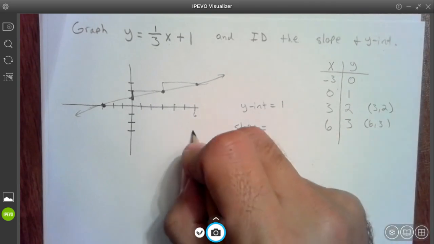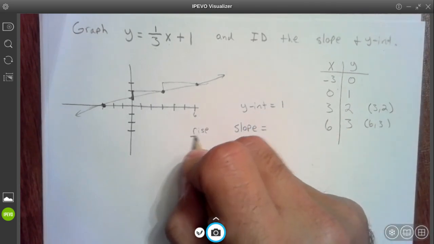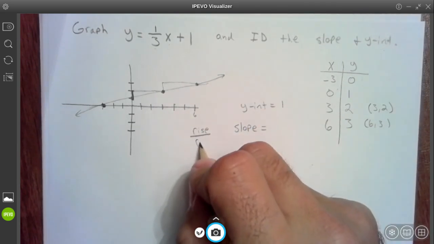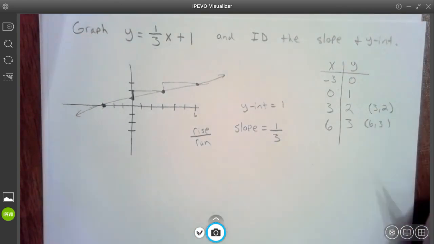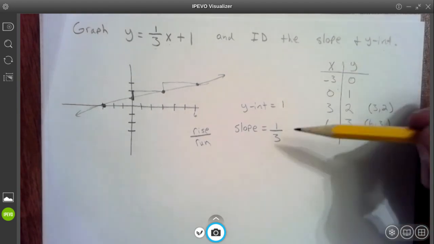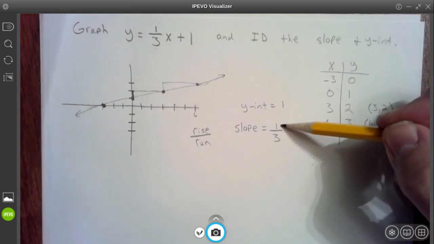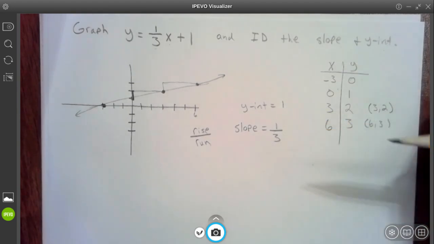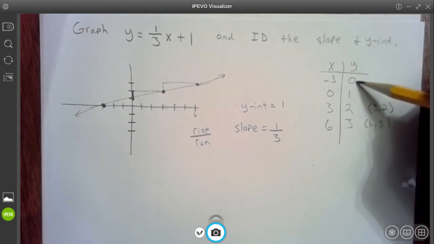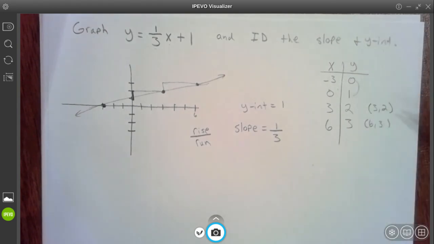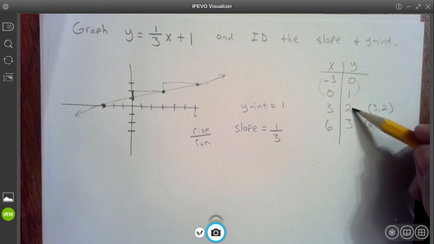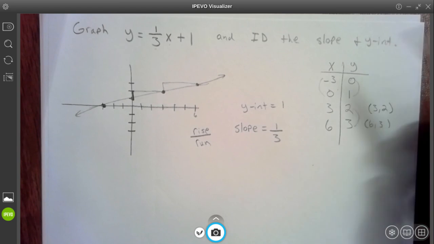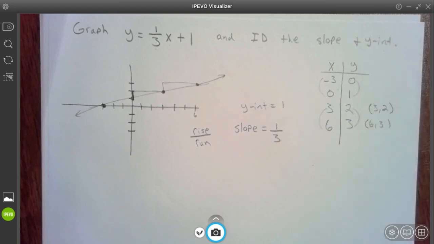So slope, which is how much you rise compared to how much you go over, is 1/3. It's how the y changes with respect to x. As y goes up by 1, the x values are going up by 3. From 2 to 3, we're going up by 1. From 3 to 6, we're going up by 3.